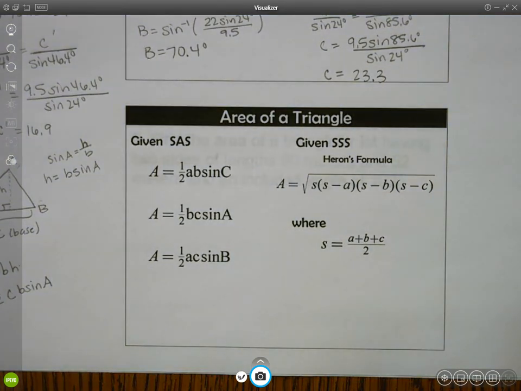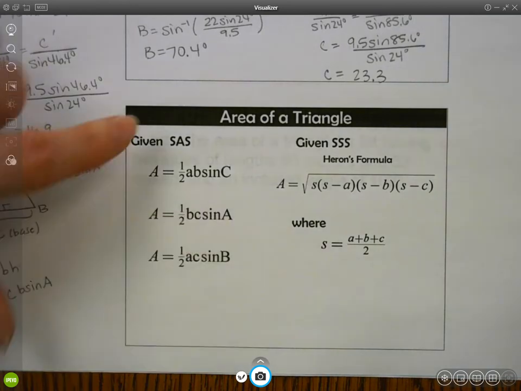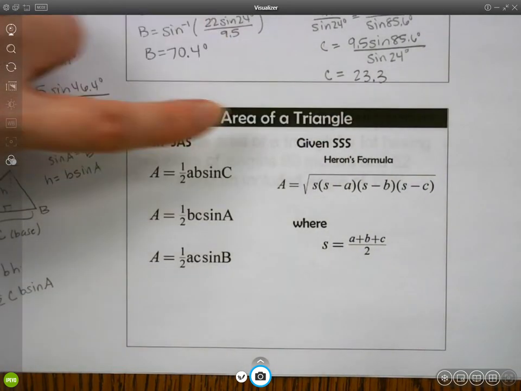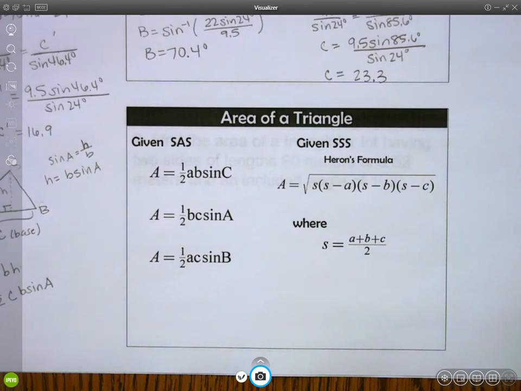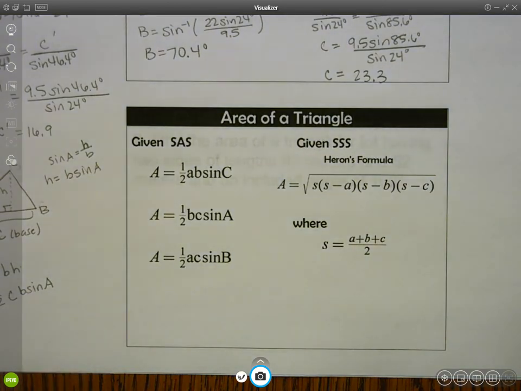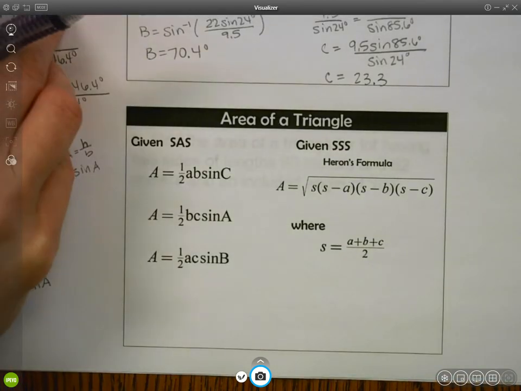So when you're doing the assignment, if you have information given to you where you can't use either one of these, then more than likely you're given 2 angles, which means you can easily find the third angle. And you can figure out a missing side using the law of sines, which will be faster than having to know a new formula.